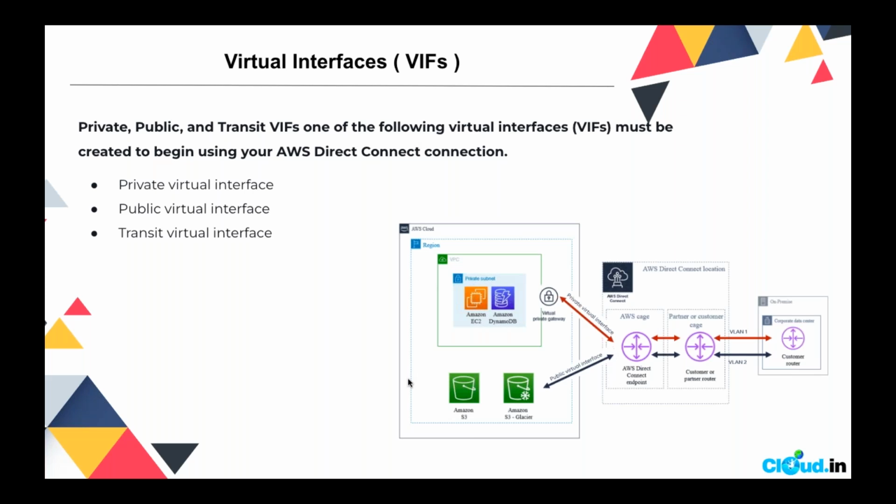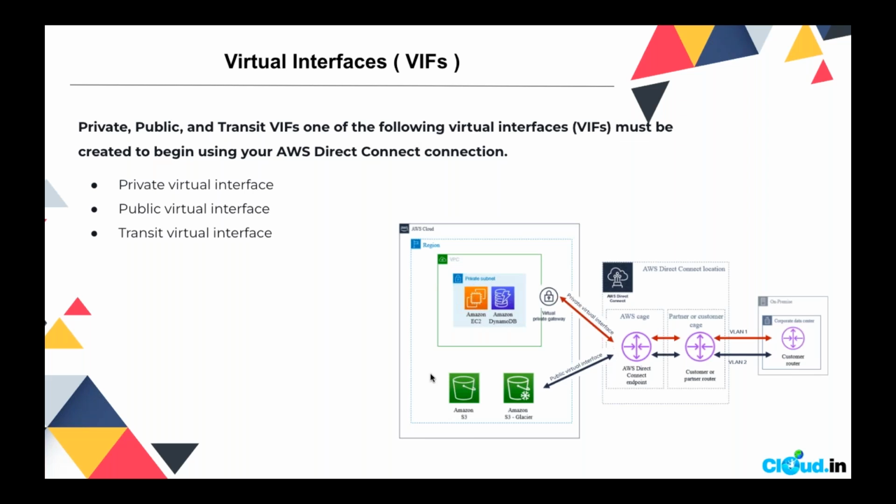Moving on, for the public virtual interface, as the name suggests, it's an interface used for the public services that you have in your AWS environment. It provides access to all the public services using public IP addresses, like AWS S3, the best example, and the elastic IPs in your AWS environment.